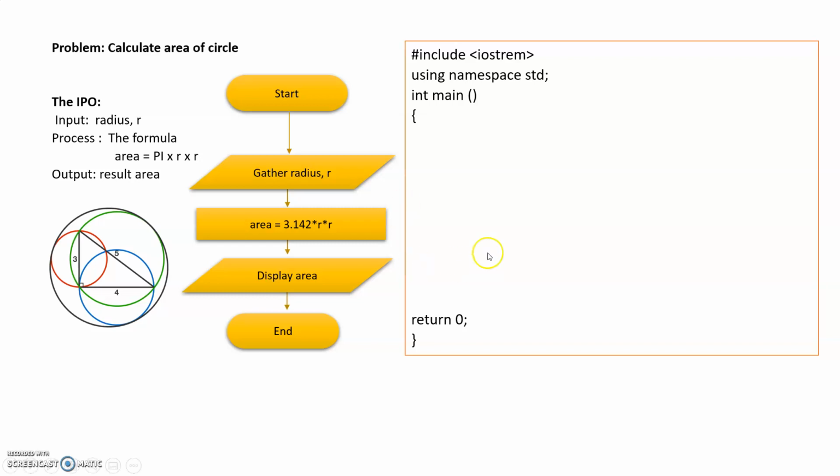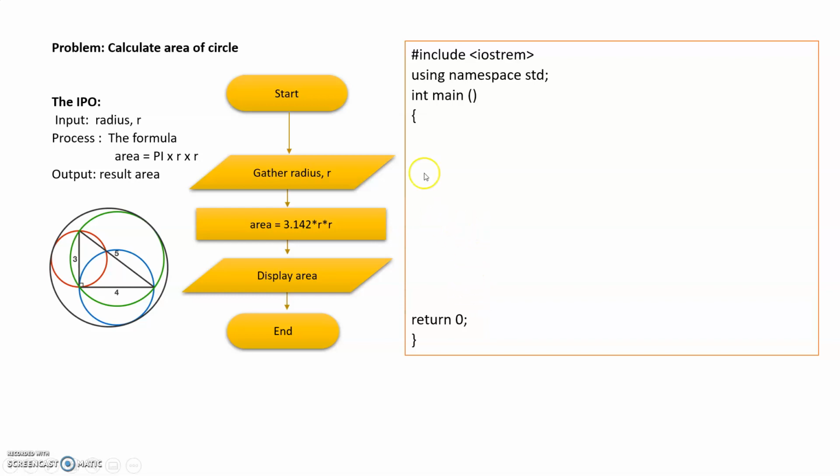In main, the open curly bracket represents the start shape, and the closed curly bracket represents the end of the program. Inside these brackets are the statements, the core of the program.